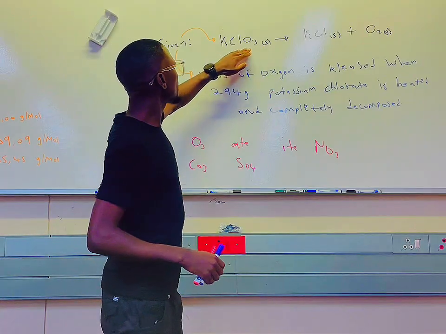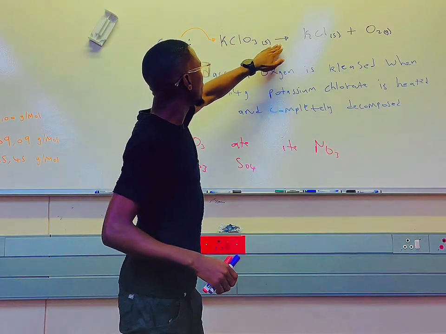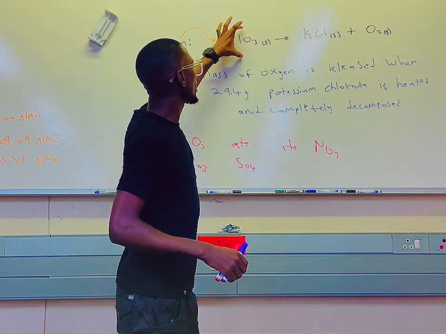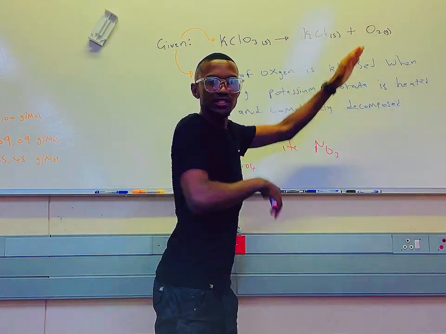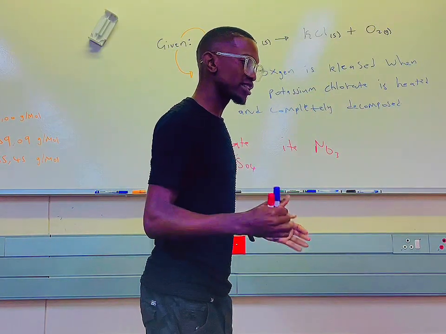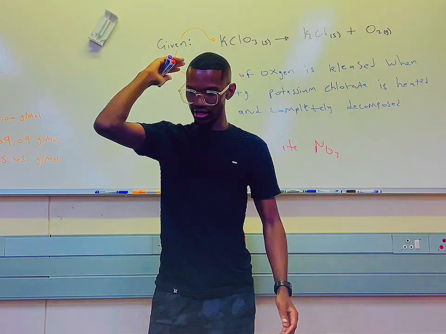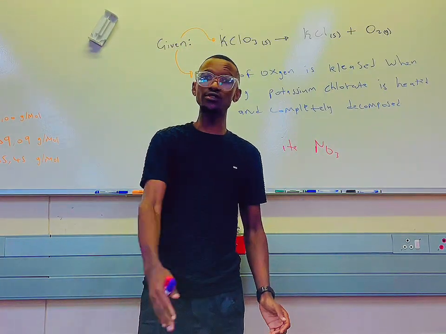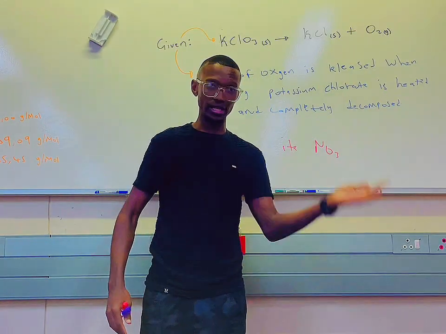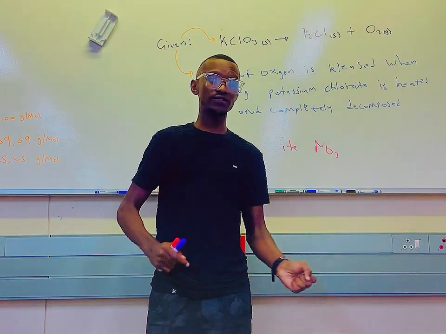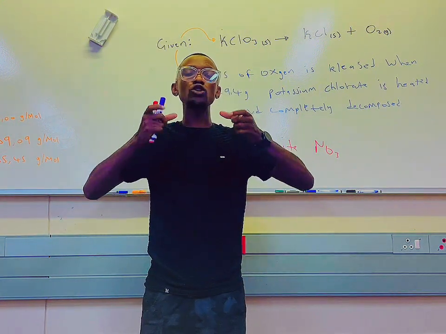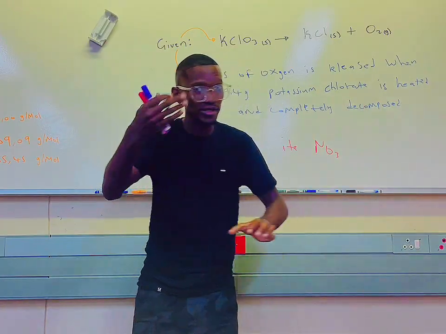So now I have potassium chlorate. Usually we expect the reactants on the left and the products on the right. When you see the reactants on the right and the product on the left, you should know that's a decomposition reaction. Let me say this again.